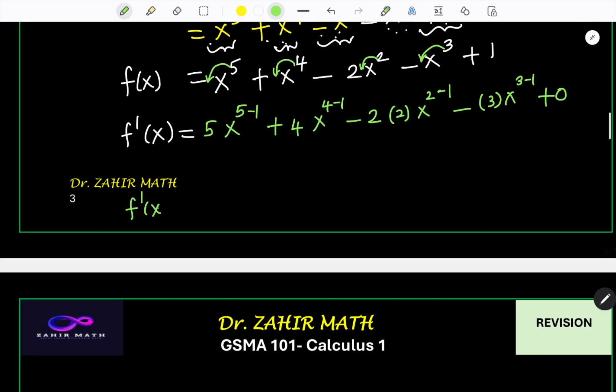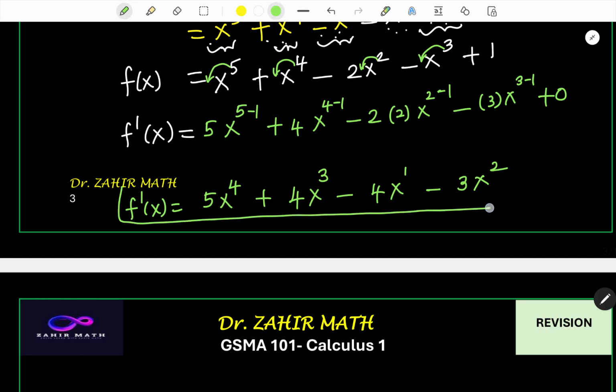So f dash of x is equal to 5x power 4, plus 4x power 3, minus 4x to the power of 1, minus 3x to the power of 2. So this is your f dash of x.